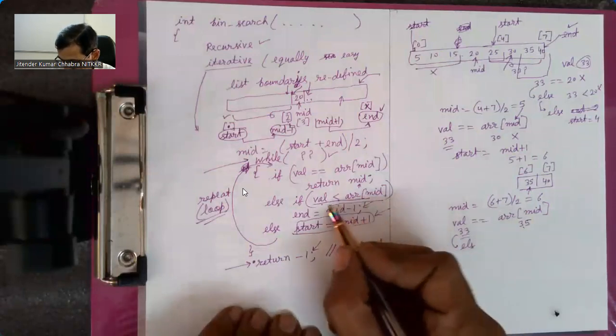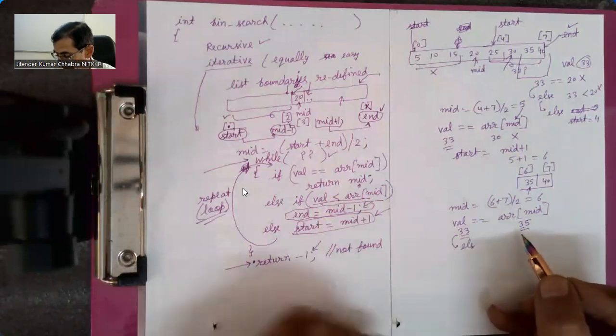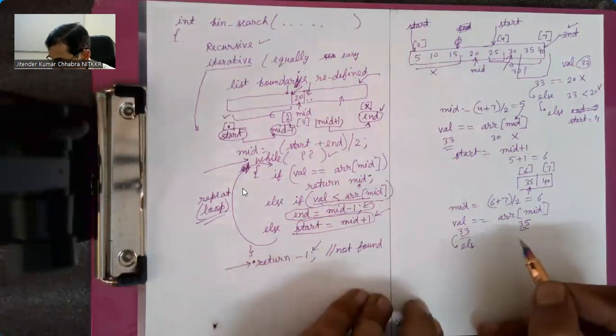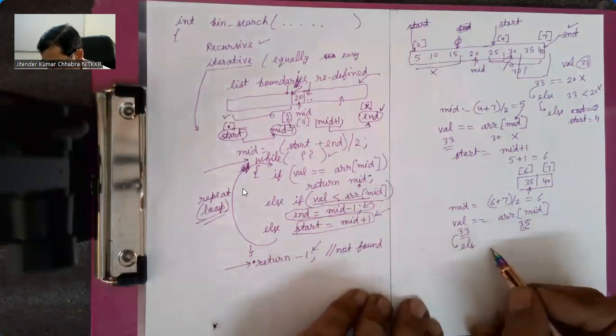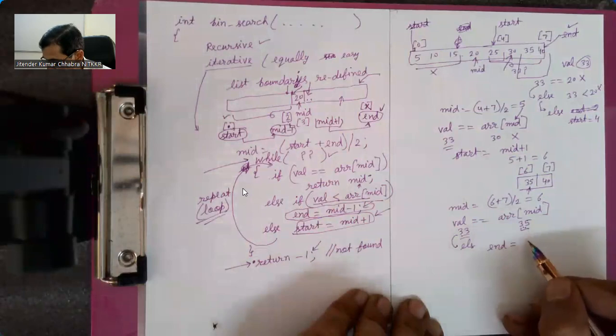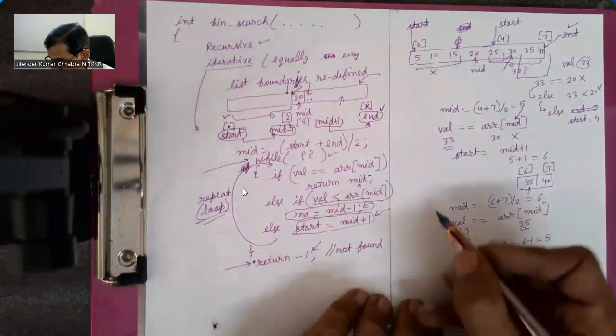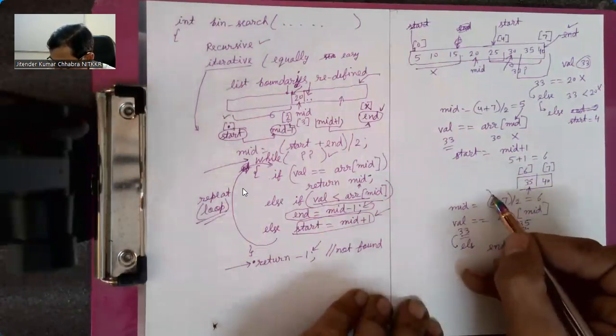That means the end boundary will be changed, because if at all 33 is present, it can be on the left of 35. Left of 35 means now my end boundary is changed. End becomes mid - 1, that is 6 - 1, 5. Remember what the start was at this point? Start was 6.